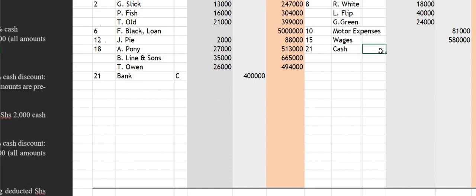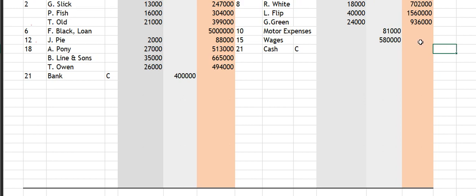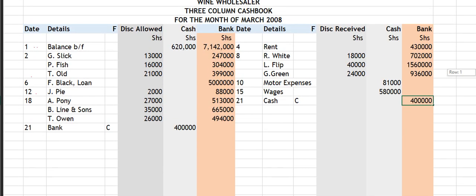In the folio column, I'll put a capital C, and I'll show that our bank reduced because of the withdrawal that was made for business use, 400,000 in the bank column, as you can see.